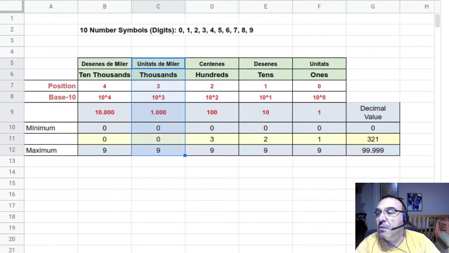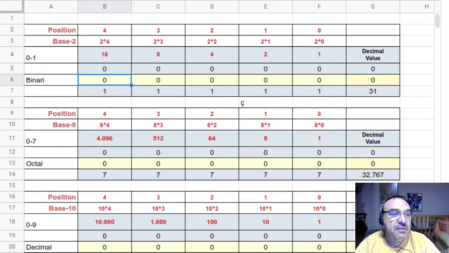But we could count in any base. Not just 10, we could count in base 2, base 8, base 10, base 16, or whatever base you want. Bases 2, 8, 10 and 16 are some of the most used in IT, but you can use whatever base you want.